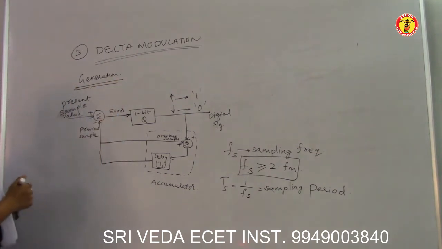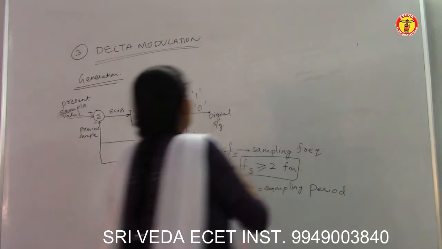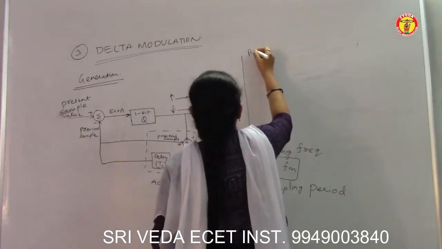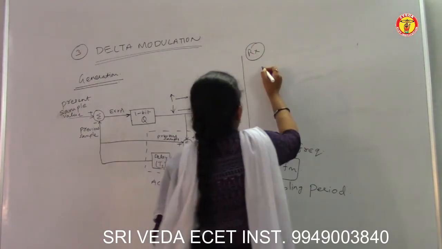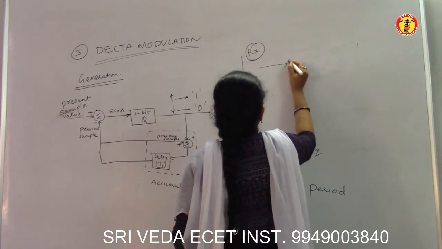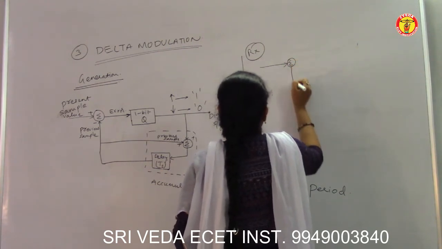Next, in the same example, we use a circuit on the demodulation side, the receiver side. First of all, a summer is used.